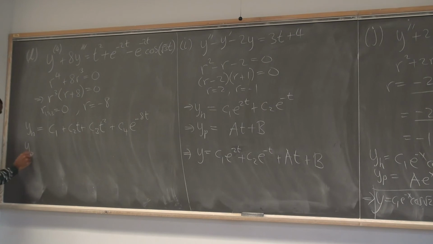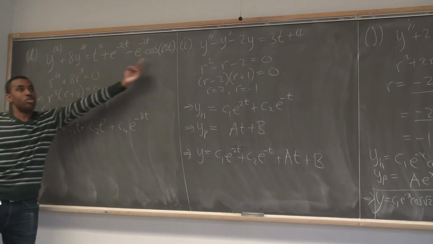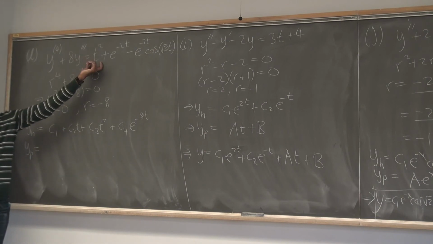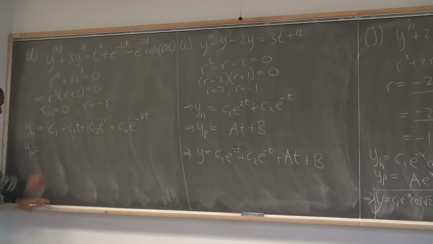Now, what would our particular solution look like? You take it one piece at a time. 8t squared. Does that look like anything over here? Yes.